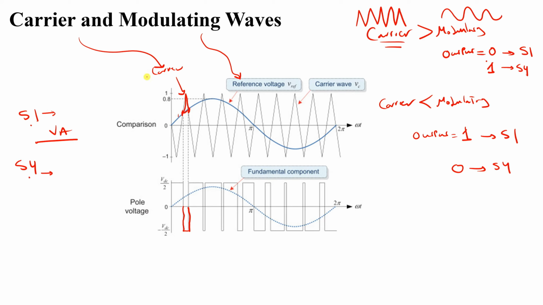In this region, from here to here, the blue one, which is a modulating signal, is greater than this triangular wave. So from here to here, we will have a positive supply. So you'll see that the output here is positive.